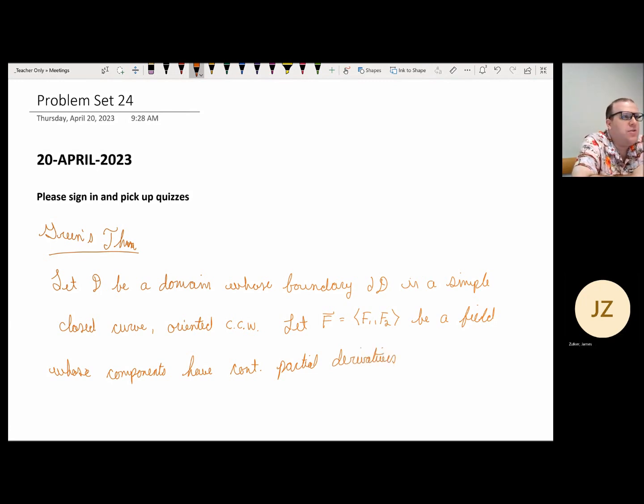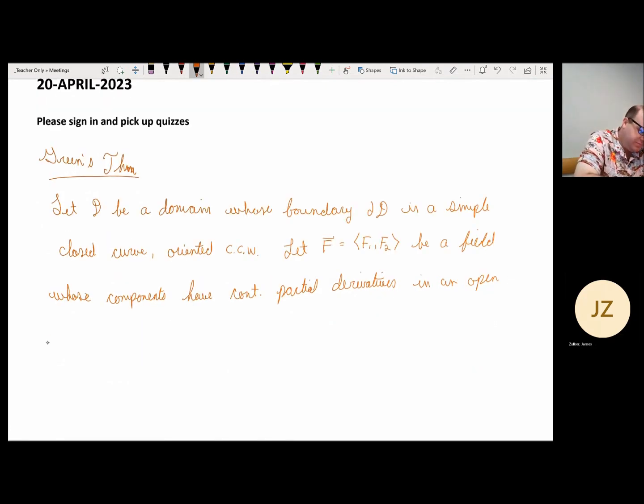F is a vector field, a two-component vector field, F1, F2, whose components have continuous partial derivatives in an open region containing our domain.